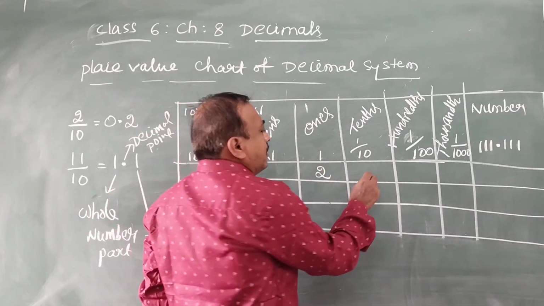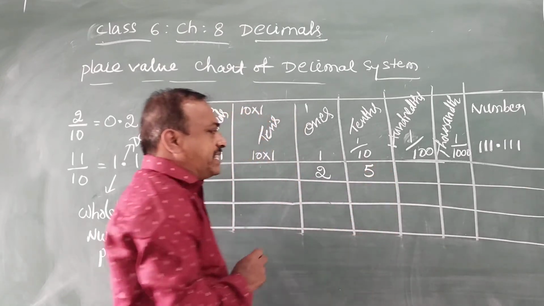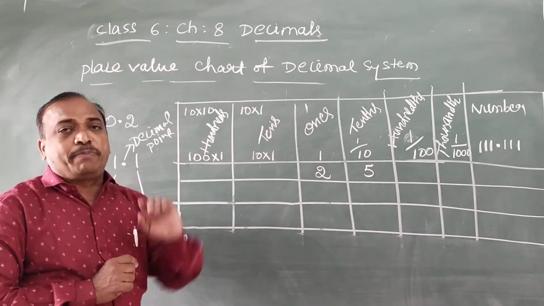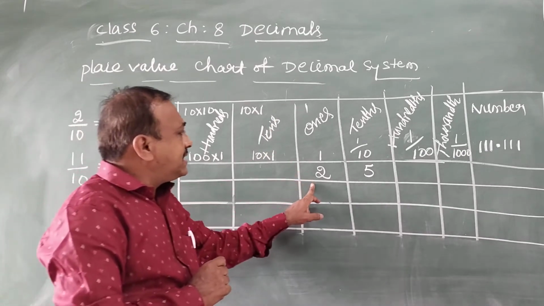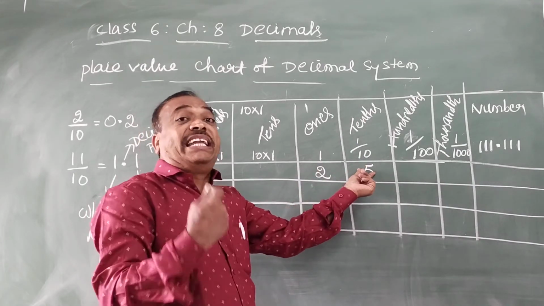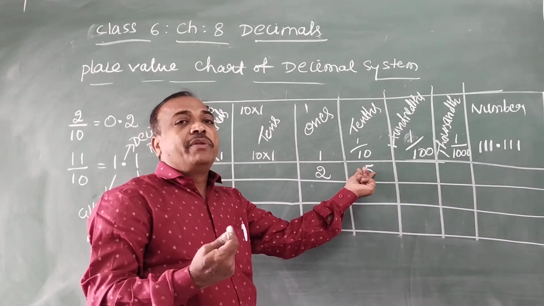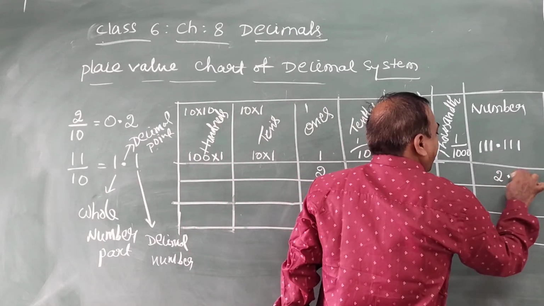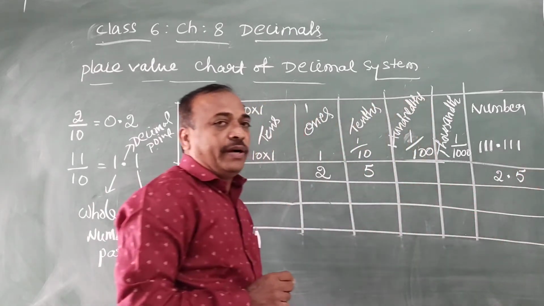Now, if I write 2 here and 5 here, how to represent this? We don't have tens place and other places here. We have only ones and tenths: 2 ones and 5 tenths. So this is 2.5.